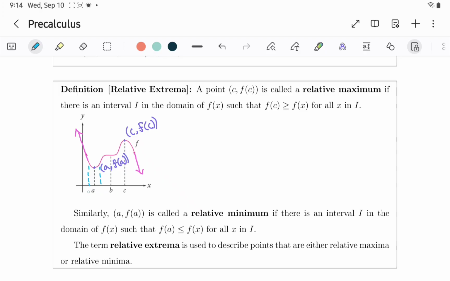So this could be our interval around a. And this could be our interval around c.